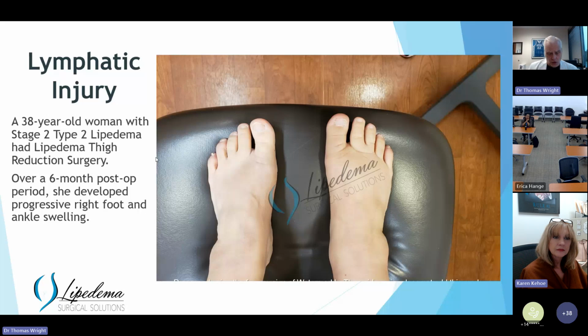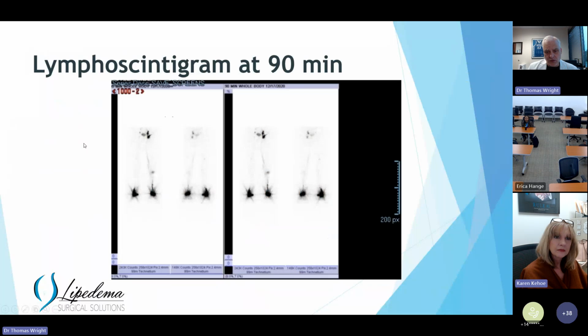This is a 38-year-old woman with lipedema who developed lymphedema after her surgery on her thighs. This is her lymphoscintigram, and for those who aren't familiar, you can see the uptake in the lymphatics is normal on one side, that's the darker line, and then it's markedly diminished in the other leg.